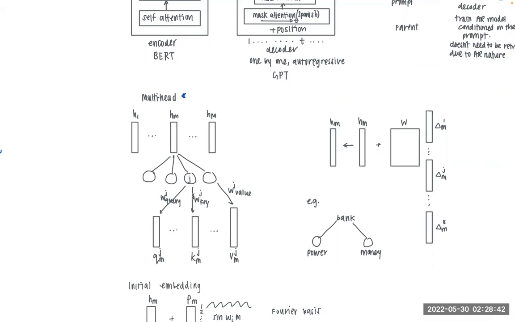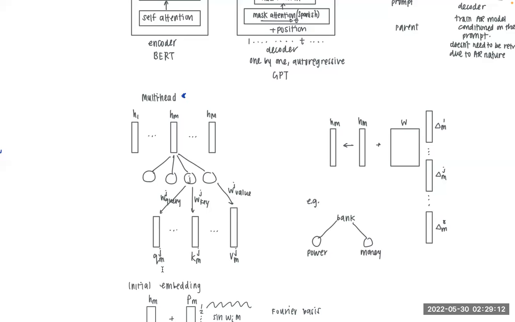But supposedly we can use multiple heads. For the jth head, each vector uses a W query J. So each head has its own weight matrix for query, weight matrix for key, and weight matrix for value. So each head has its own query vector, key vector, and value vector.